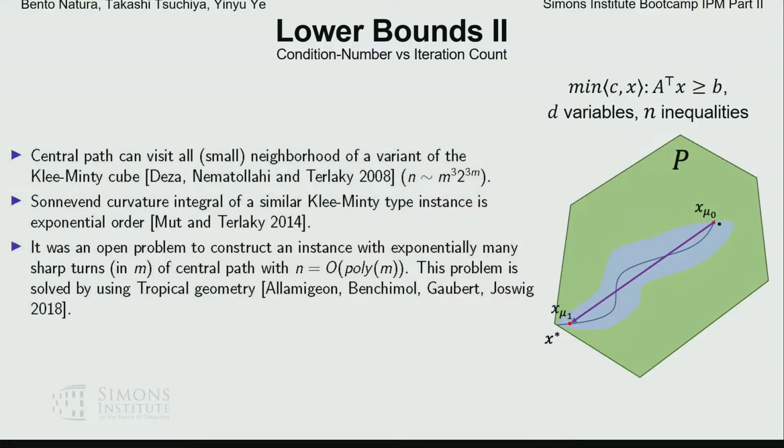If you take a log of the condition, actually the original condition is double exponential. Take a log, still exponential. So that says the standard IPM cannot turn this into a strongly polynomial algorithm. You do have instances where the condition number is double exponential. Take a log, still exponential.